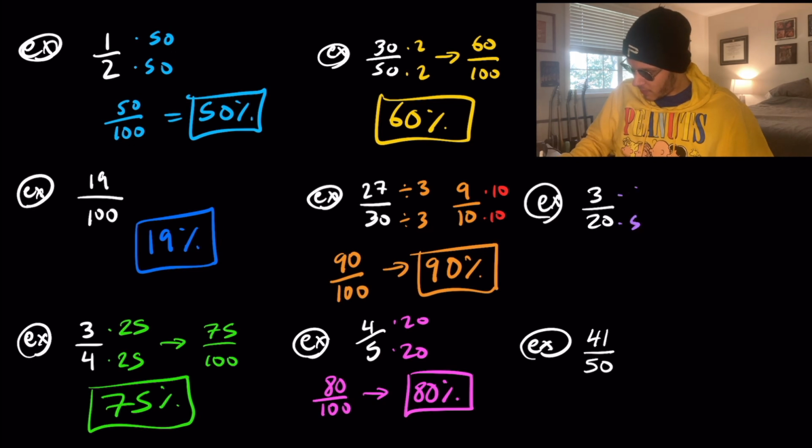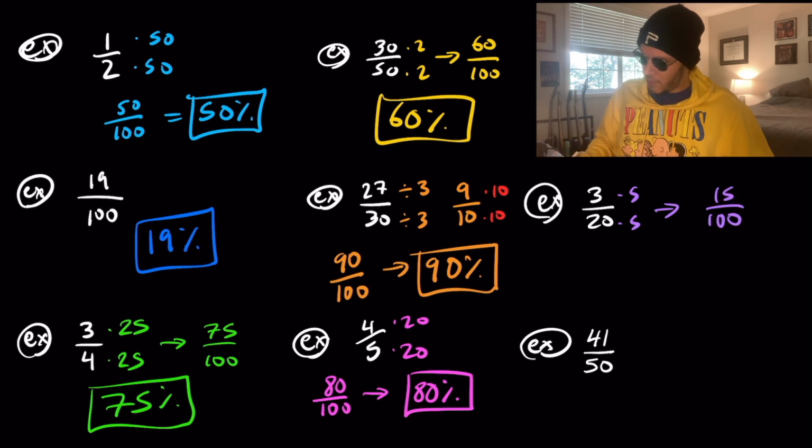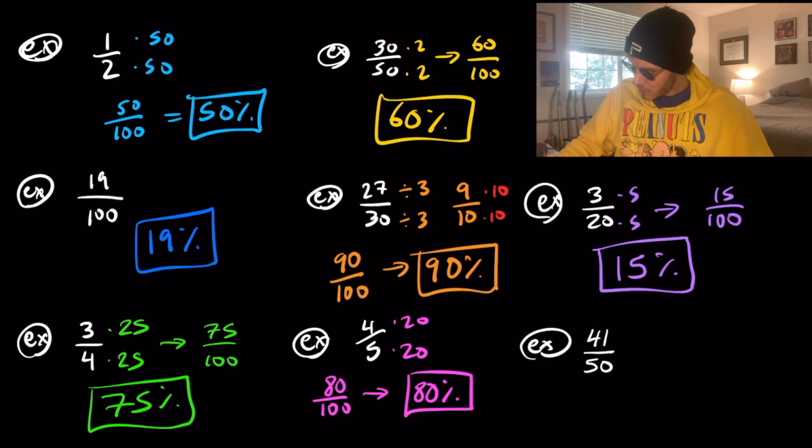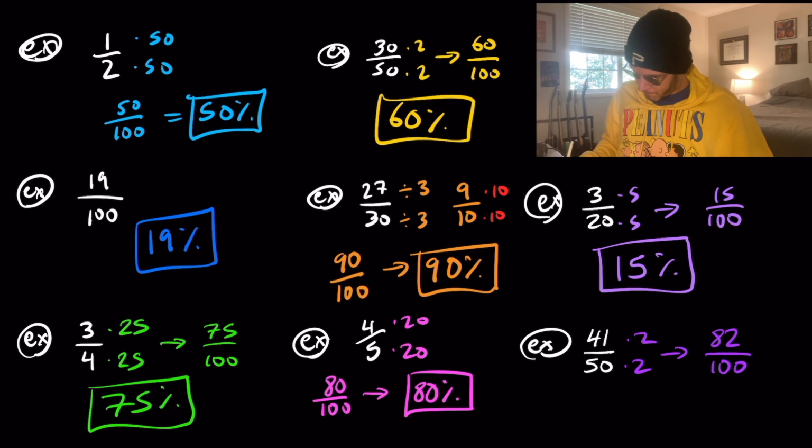Well, that's 5. So I'll do it to the top and bottom. That's going to give us 15 out of 100. 15 for each 100 is 15%. And 41 out of 50. 50 times 2 is 100, so I'll multiply the numerator by that as well. That's going to give us 82 out of 100, or 82%.